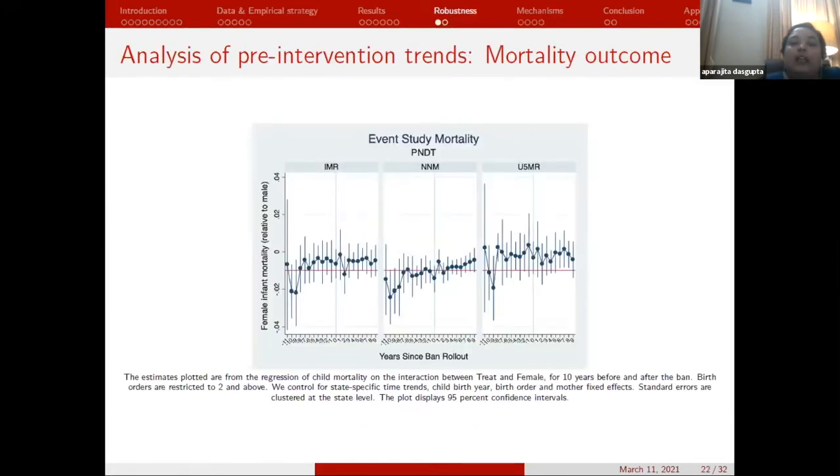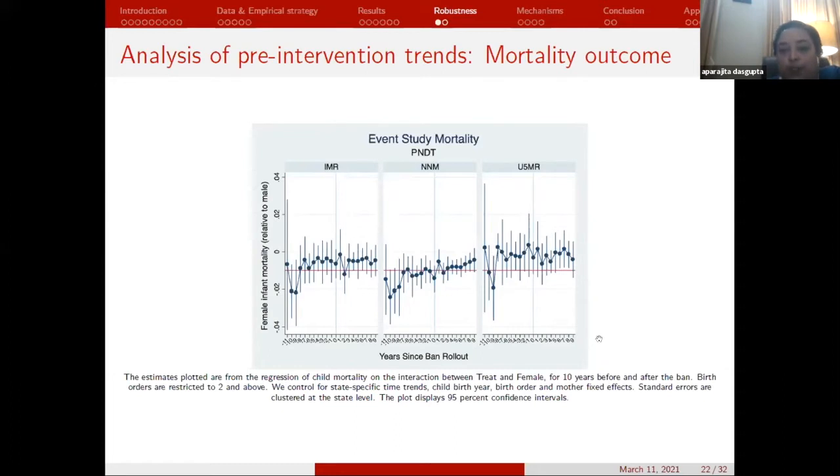Now coming to the analysis of pre-intervention trends. This is an event study graph for mortality outcomes. The estimates that you see here are plotted from the regression of child mortality on the interaction between treat and female, 10 years before and after the ban. The blue line that you can see refers to the zero time when the ban was implemented.